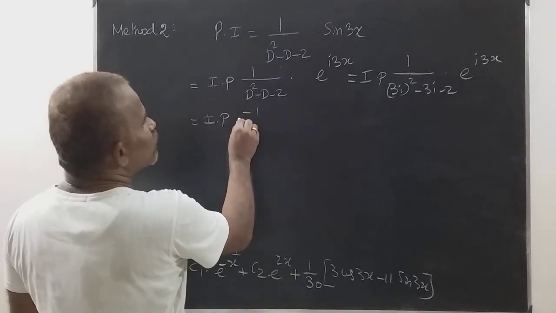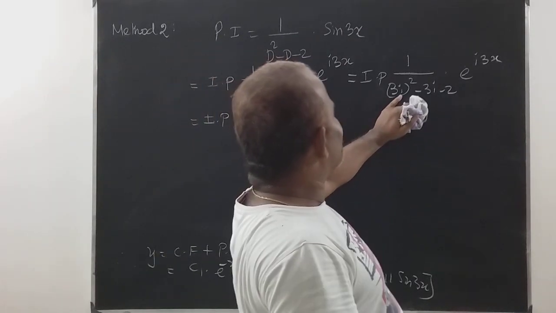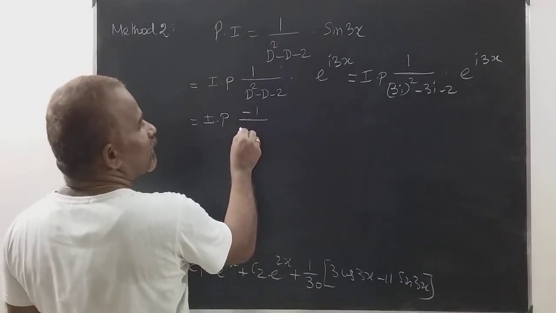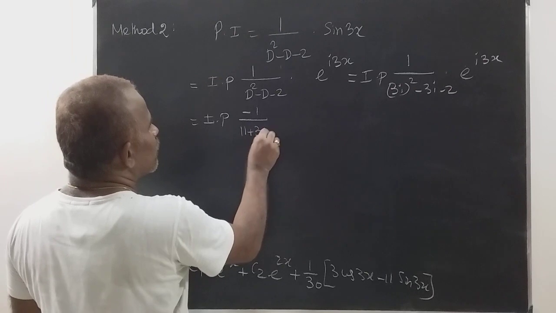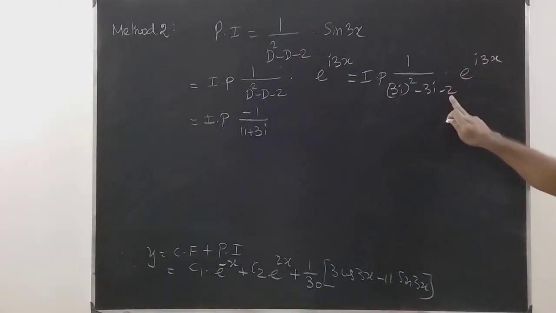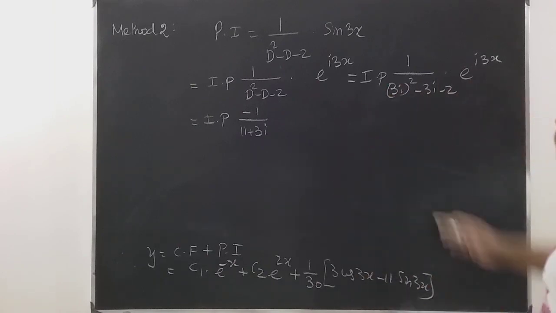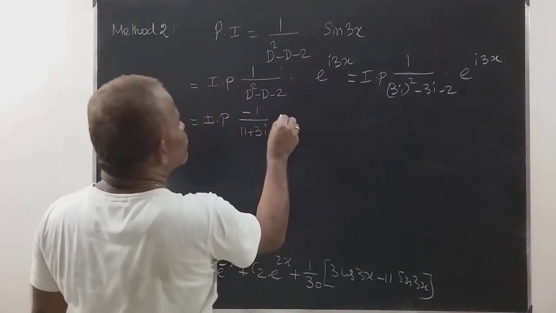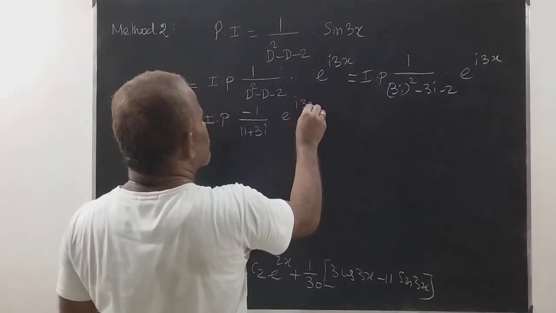minus 1 by, so this is 11 plus 3i. So here is minus 9, here is minus 2, minus 11, minus 3i. I will take out minus, therefore 1 by 11 plus 3i into e power i3x.